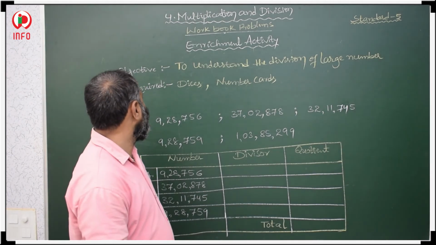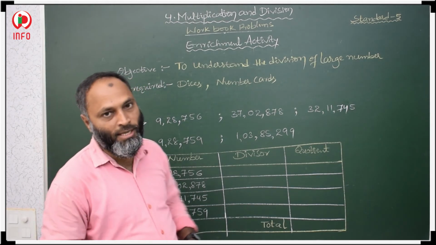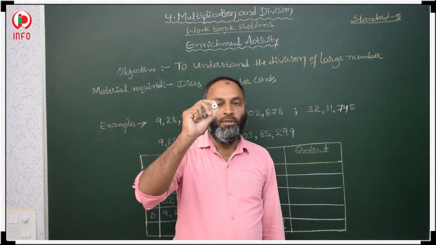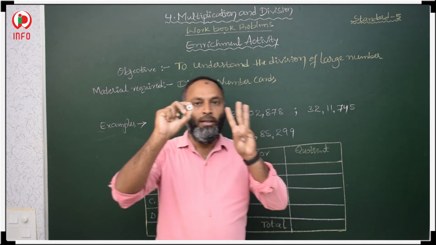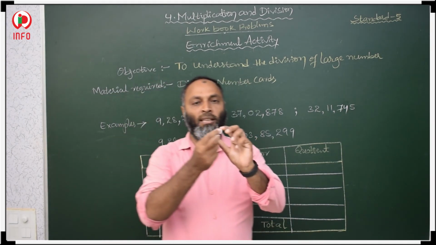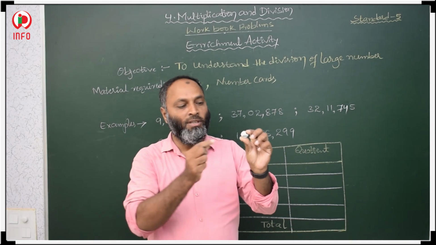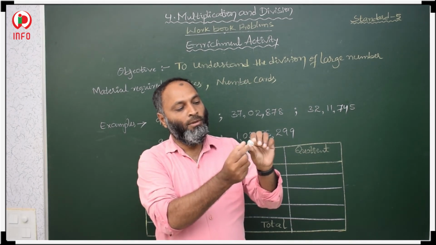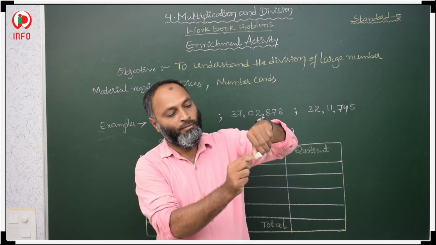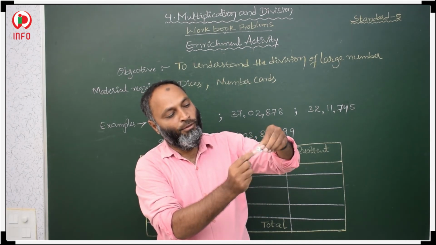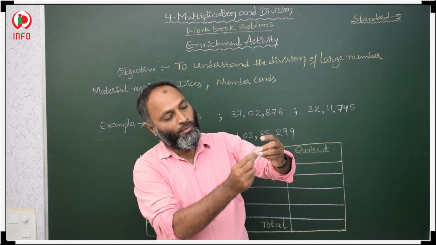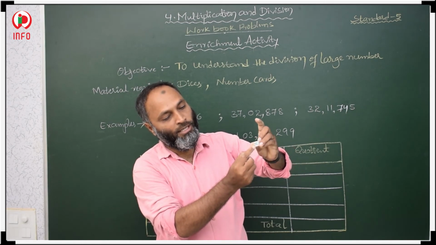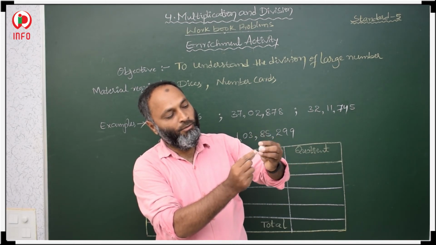First, the material required: dice. We need these type of 3 dice. How many? 3 dice. A die has how many faces? 6 faces. This is 1, 2 and 3, here 4, and here 5 and here 6. This is number 1.